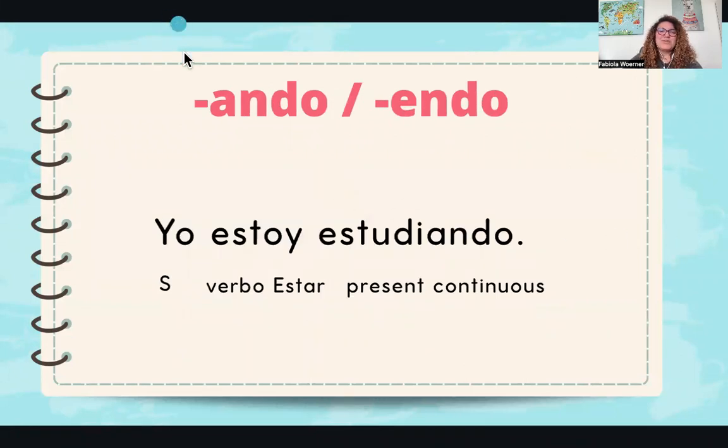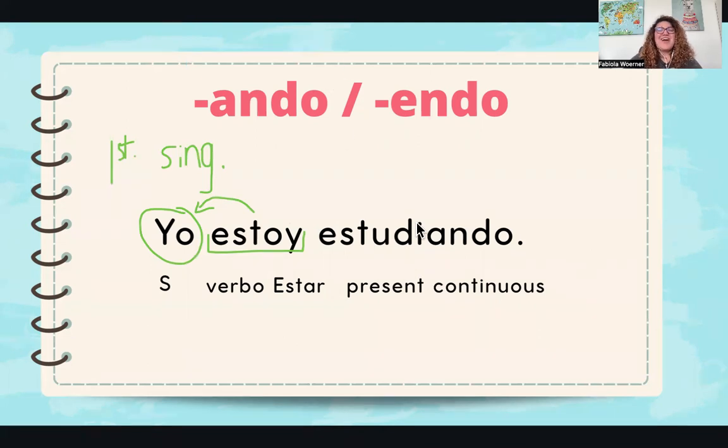Let's see an example here. Right here, we're using the pronoun yo, which is the first person singular. And it is followed by the verbo estar, and that is conjugated to match the pronoun yo.